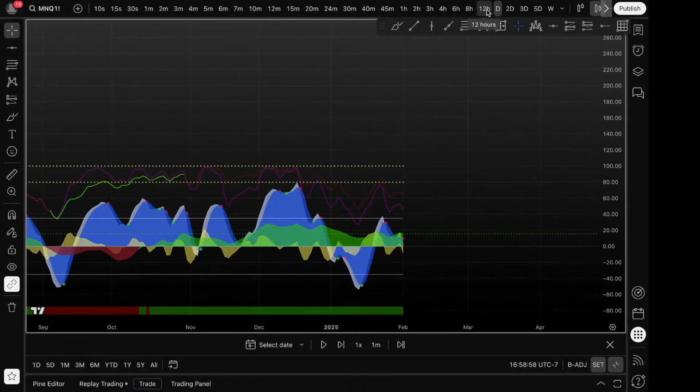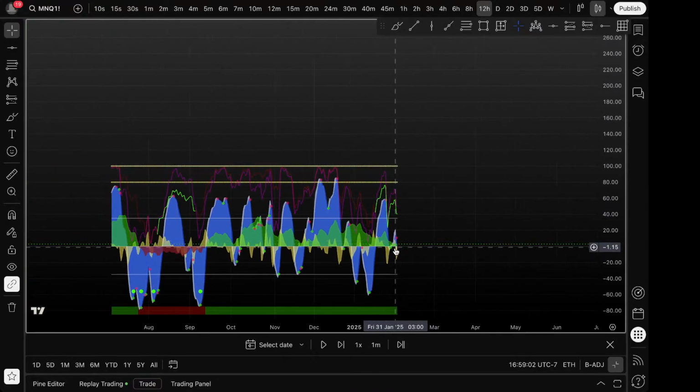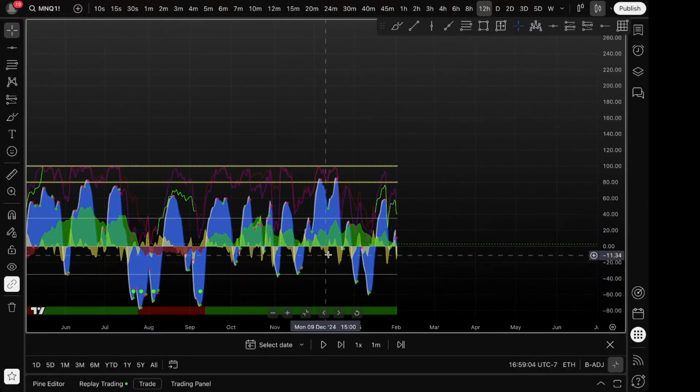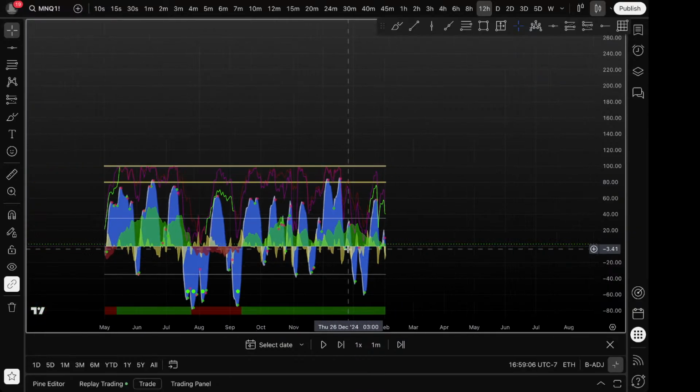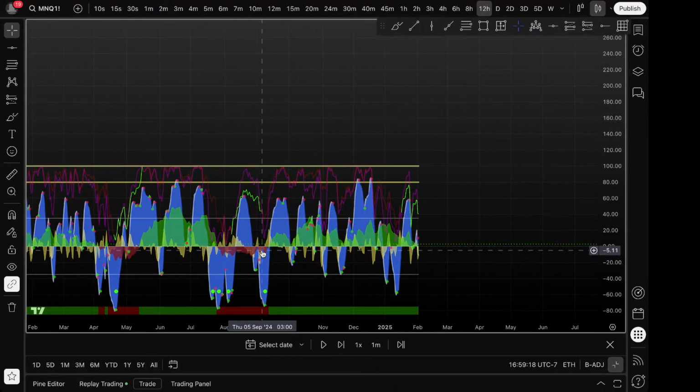What about RSIs on the daily? Yeah, red on the daily, bearish on the daily. Money flow getting into the red for a couple of weeks there. Almost a month or more there.